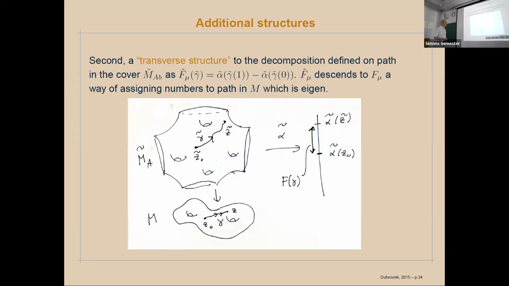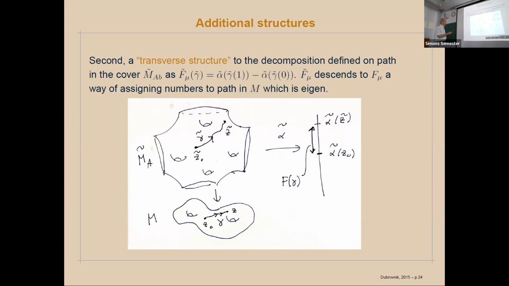In addition to this, you get a transverse structure, which we're going to exploit later, to the decomposition. So how do you do this? Well, you have a pair of points and you take an arc between them, and you define F mu of it.